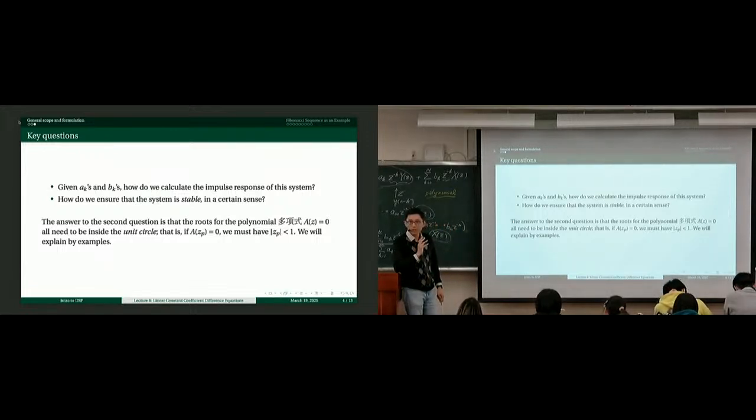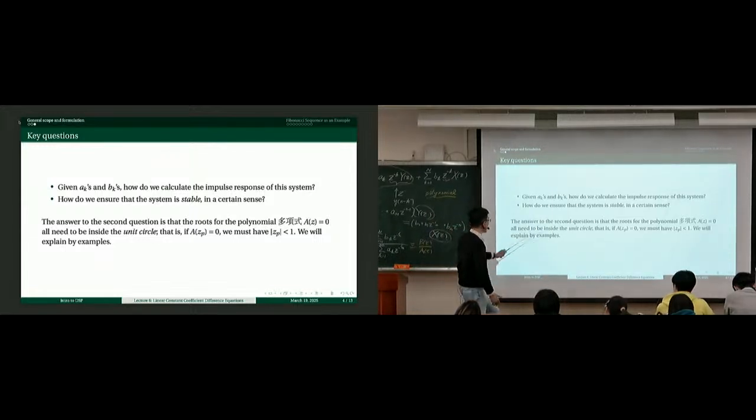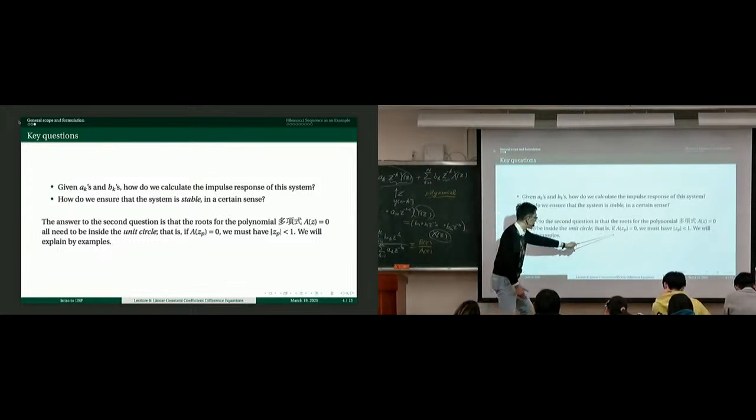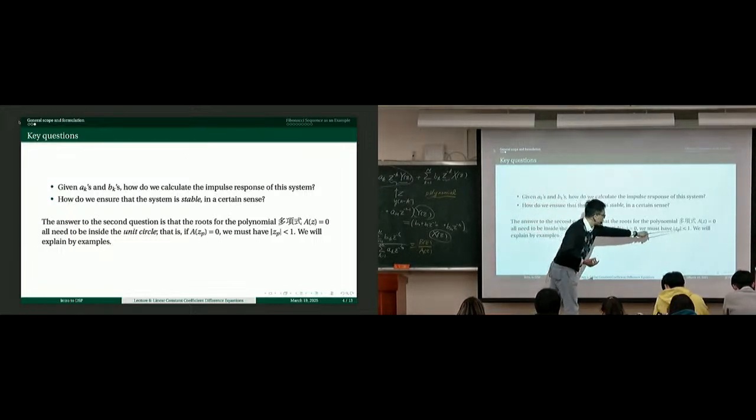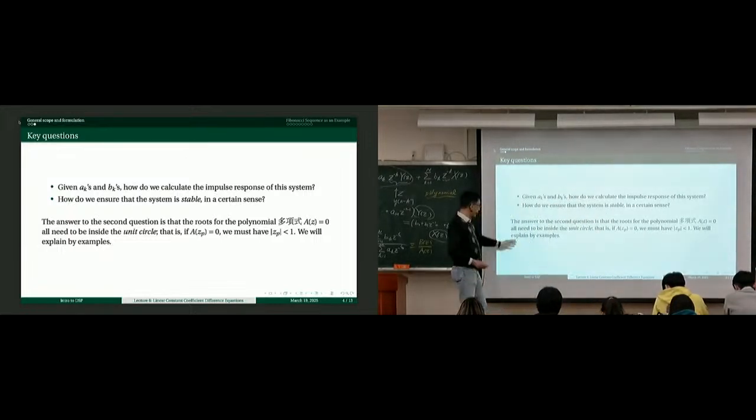That's a key result that we want to deliver. Stability requires all the roots of A of z to be inside the unit circle. Any root, if root means A of that thing is 0, root,根啊, all the roots must be inside the unit circle. And we'll explain by example, by that Fibonacci series example.